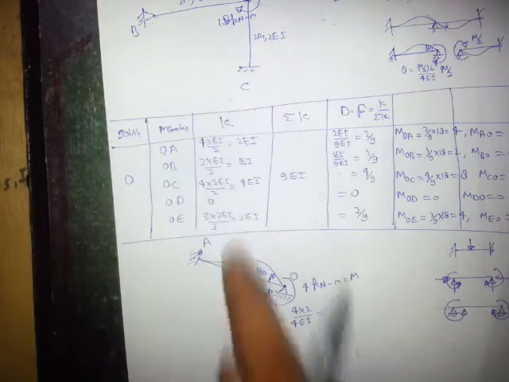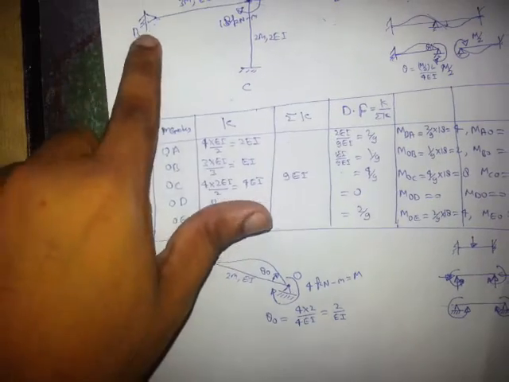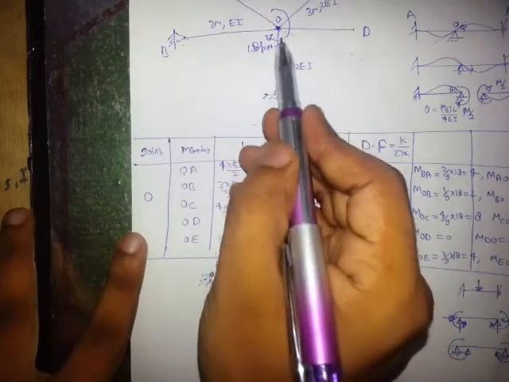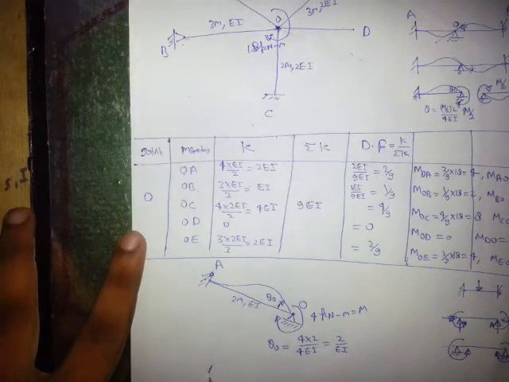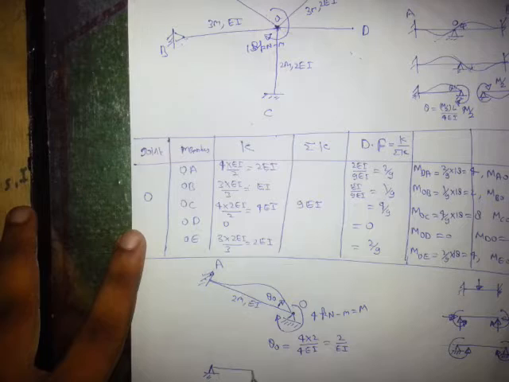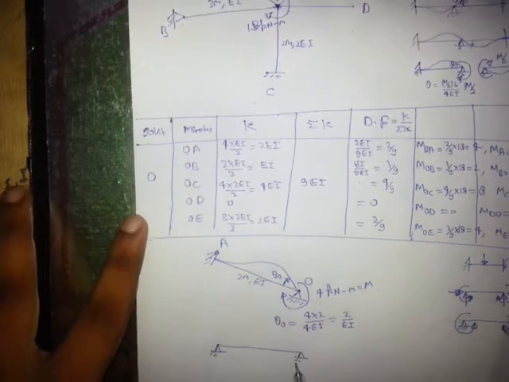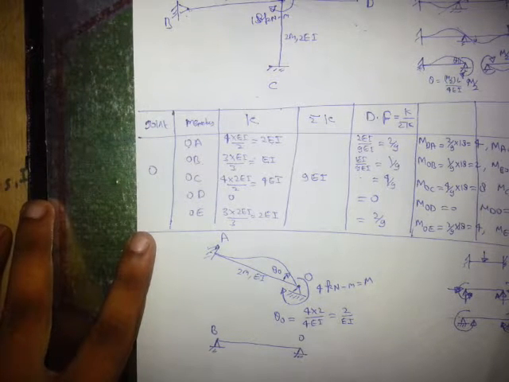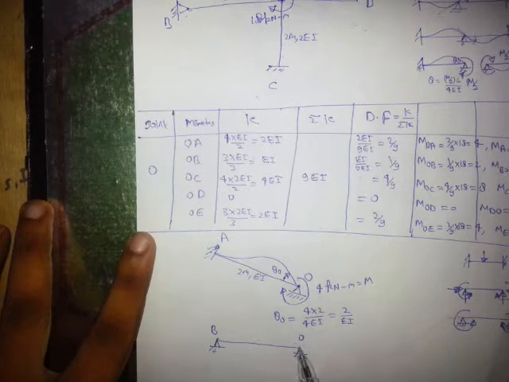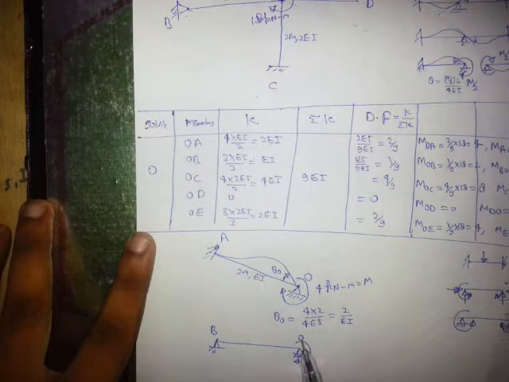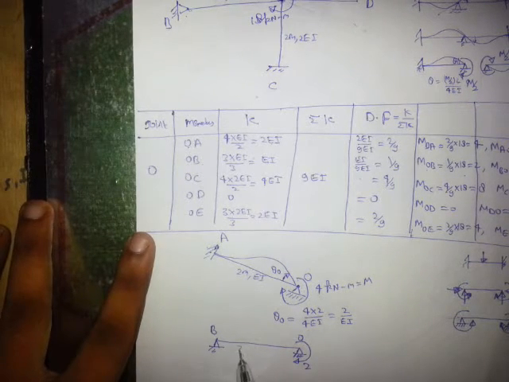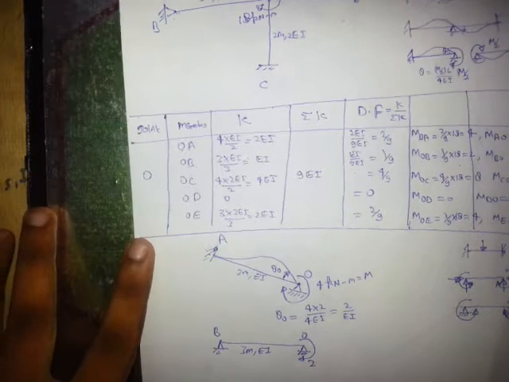It can be calculated from either. For example, I want to calculate from this OB. Means I can write this OB as, this is hinge, B is hinge, and at O I can write hinge like this. This is B, this is O. Now MOB, apply the moment, since I have converted this from fixed. So MOB is 2, and it is 3 meter, and this is EI.